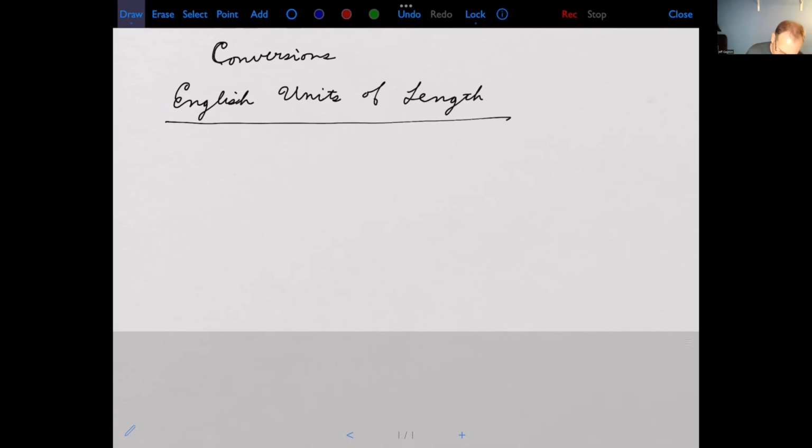So we know that 1 foot, which I'll abbreviate as FT, is equivalent to 12 inches, which is IN. We know that 1 yard, abbreviated as YD, is equivalent to 3 feet.